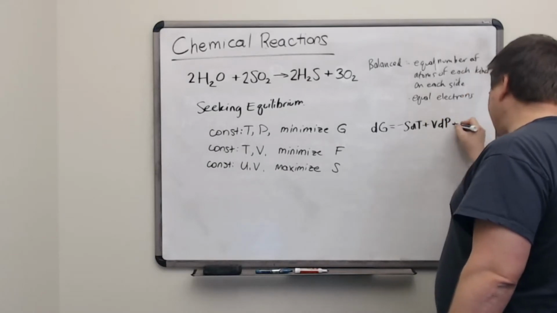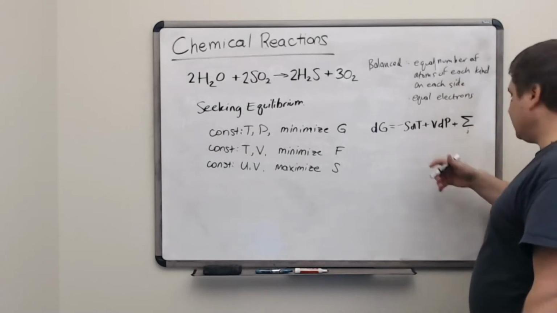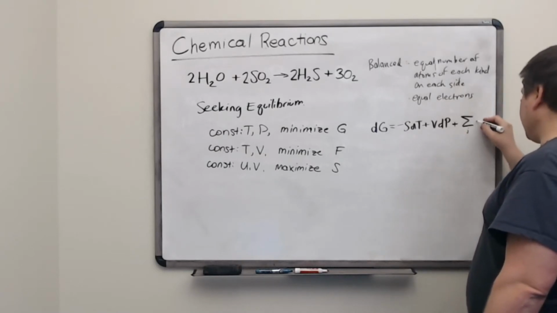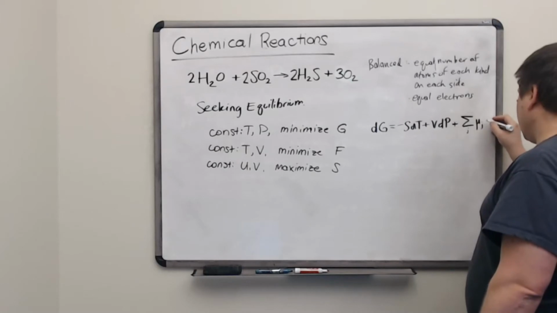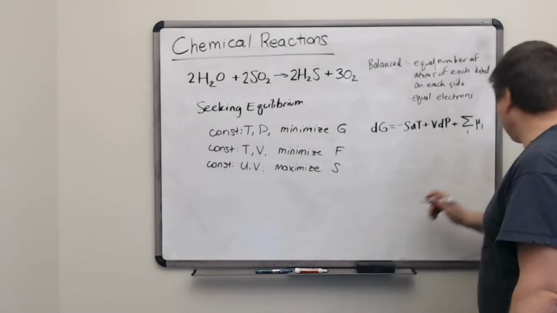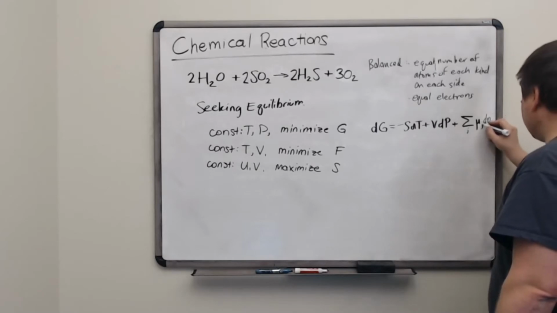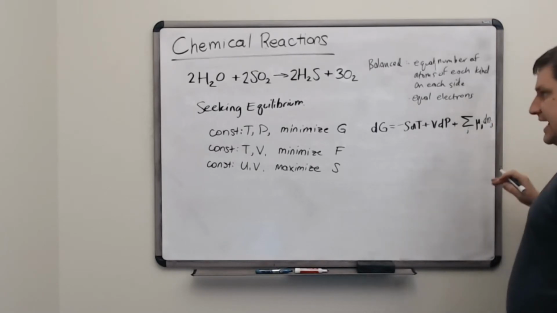And then since we have multiple chemical substances, multiple different molecules, we have one additional term of chemical potential for each one. So we have mu_j dn_j, which is summed over all the j species in the situation.